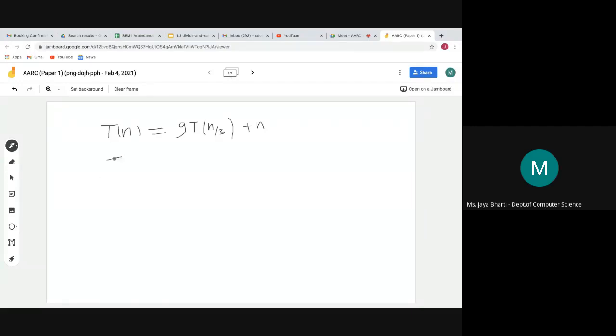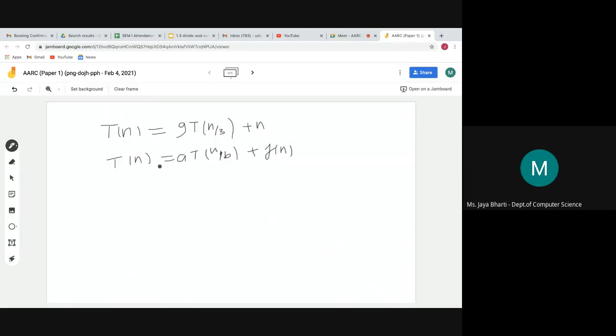It should be of the form T of n is equal to a T of n divided by b plus f of n.